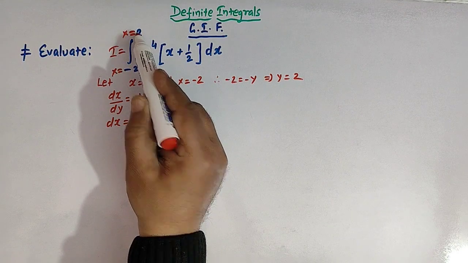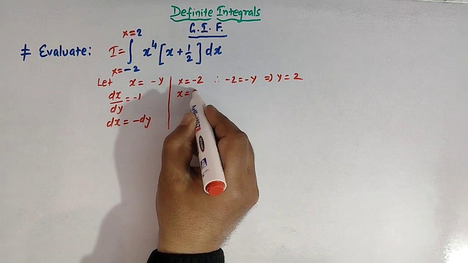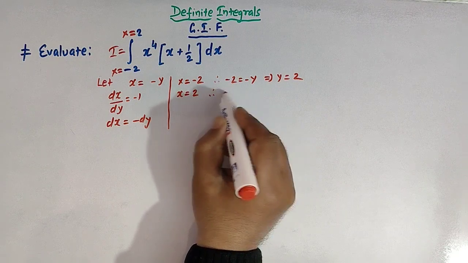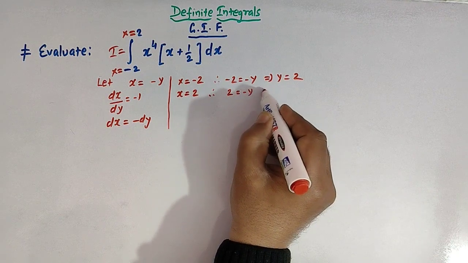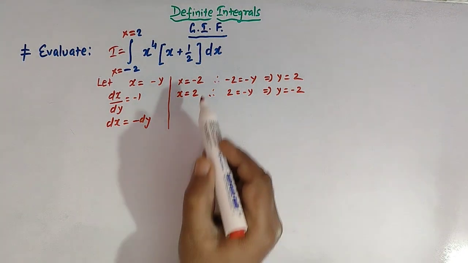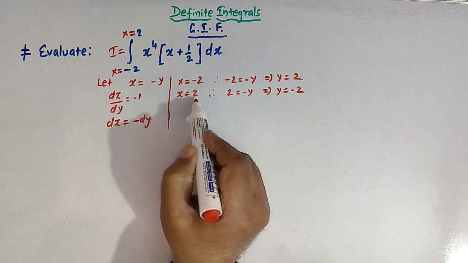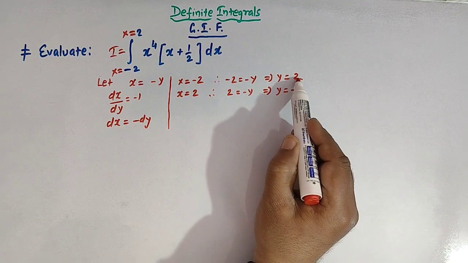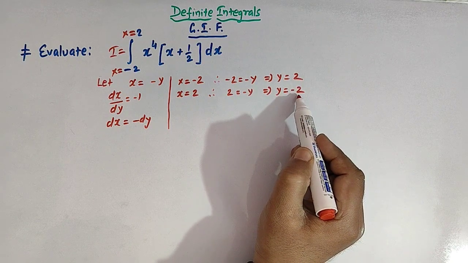And when x is equal to 2, the upper limit, we get 2 is equal to minus y, so y is equal to minus 2. So when x goes from minus 2 to 2, y goes from 2 to minus 2.